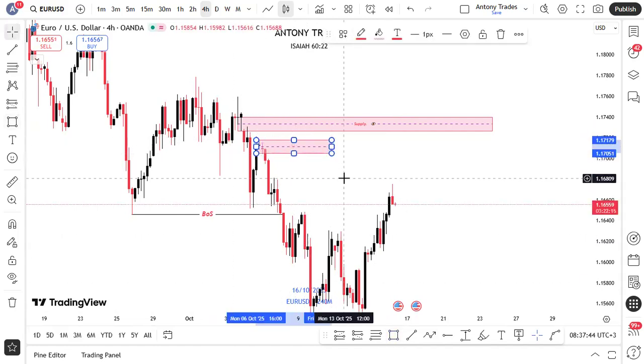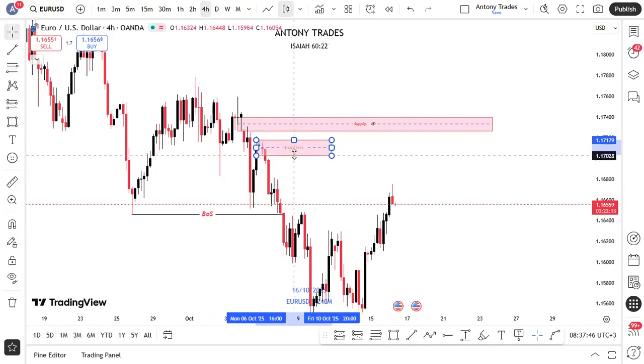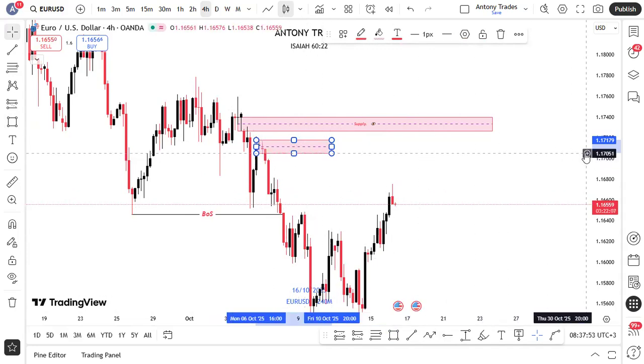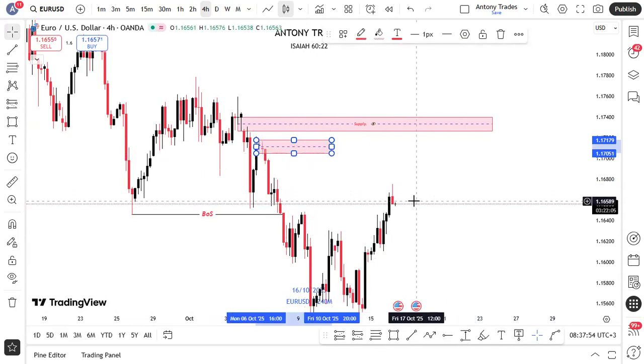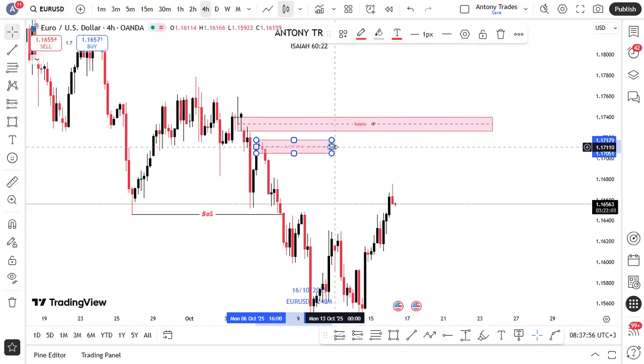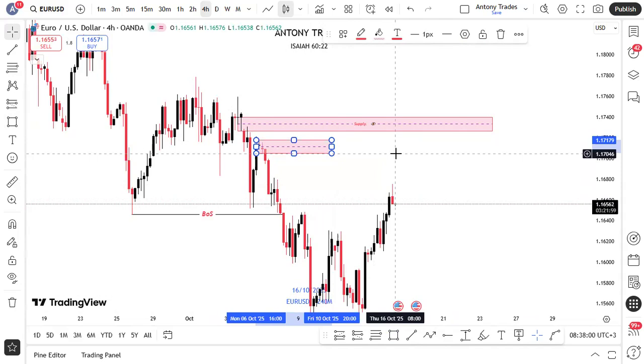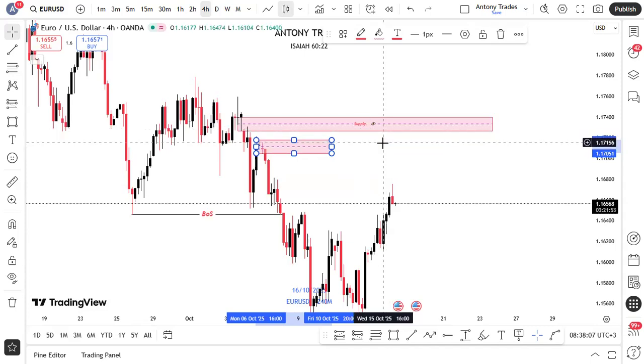So when I have two points of interest like this, I'll set an alert at this area. When the market comes to this point of interest, if the market crosses my alert, that is when I open my chart and start looking for my entries.